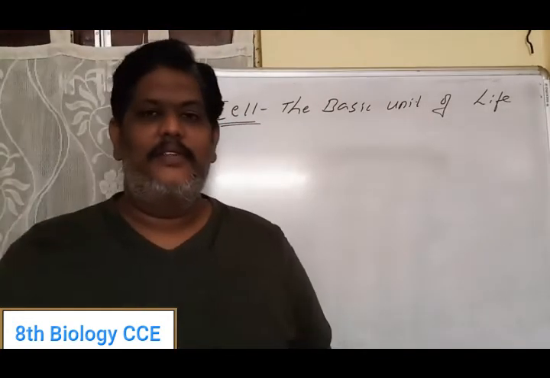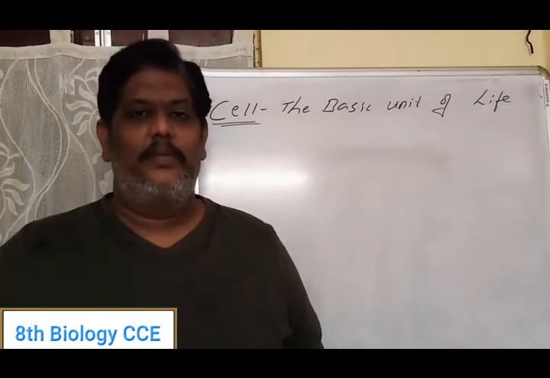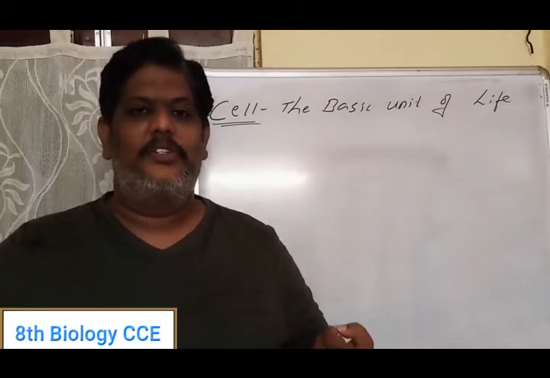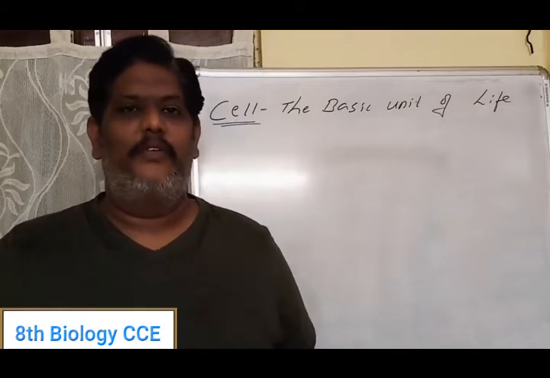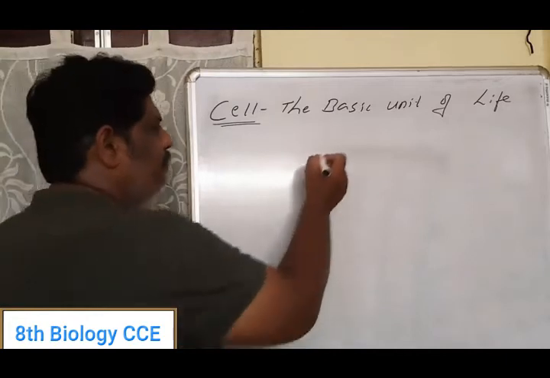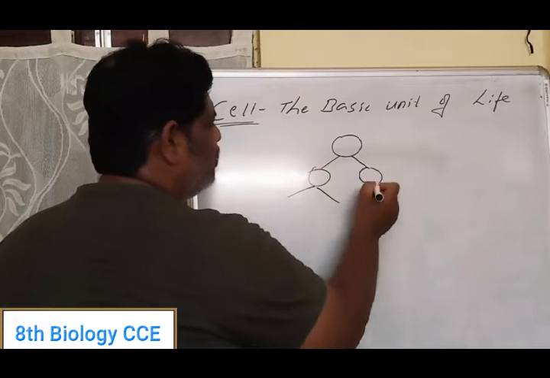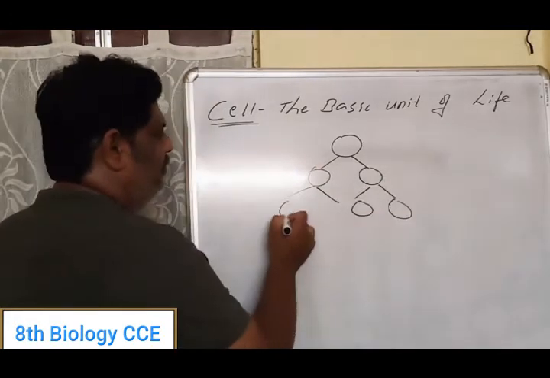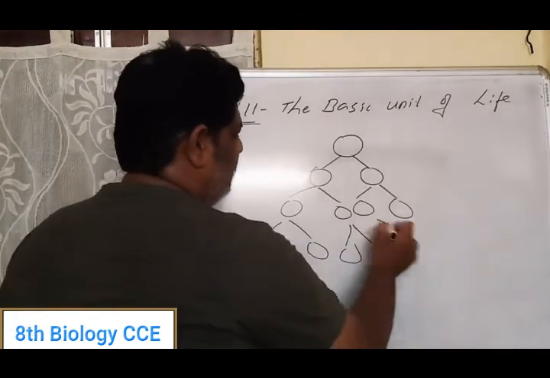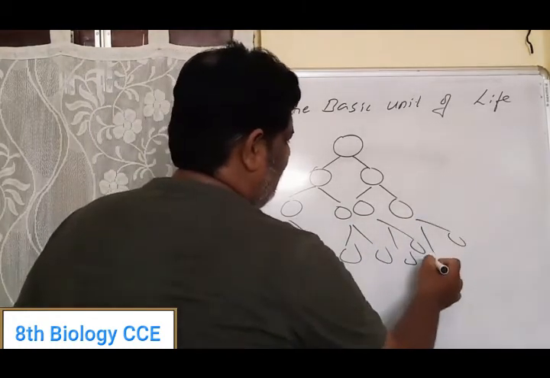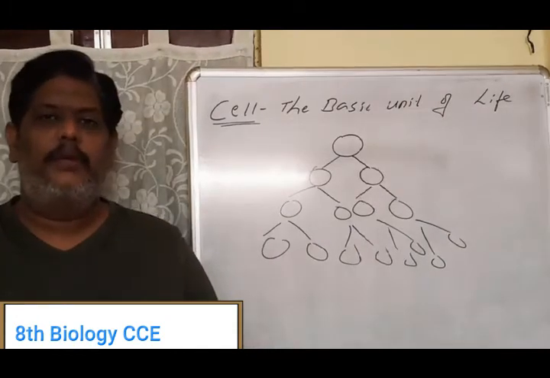So cell, we say that it is the basic unit of our life, because that is the first thing which develops in the womb of a mother before we are born. So the one particular cell will divide into two, and these two cells divide into four, and these four cells divide into eight. Like this, they go on dividing until a complete human body is formed.